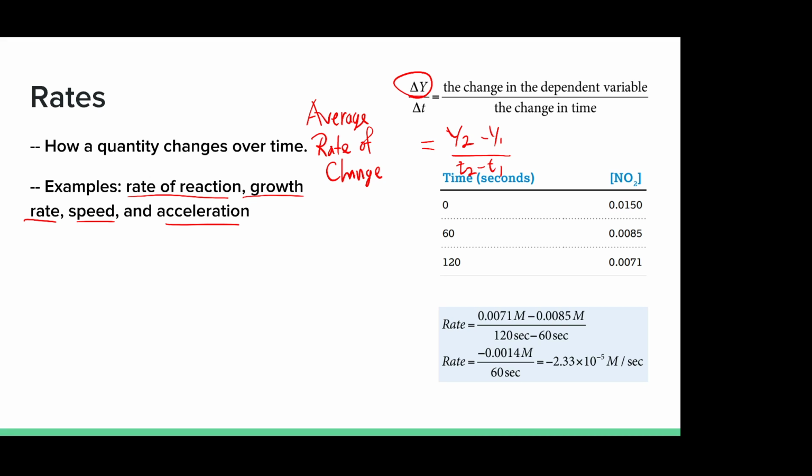So let's say I want to look at the rate of change between 60 seconds and 120 seconds. So 0.0071 would be my y2. The y1 would be 0.0085, as indicated in the equation there.